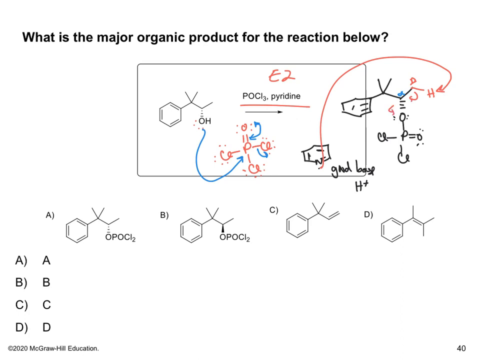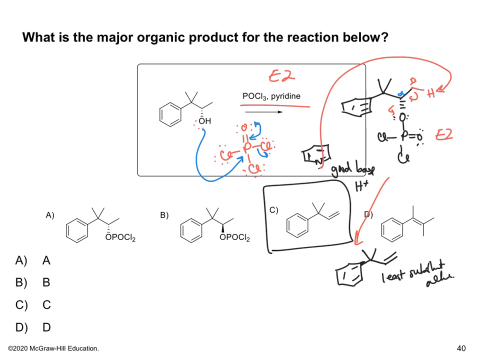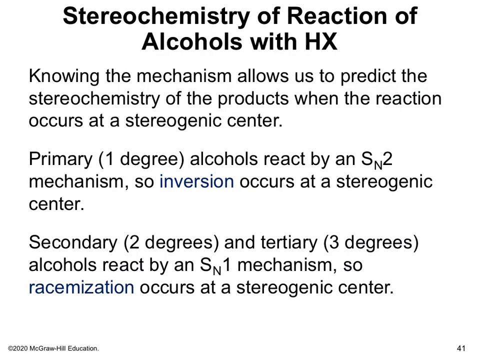This is going to be a concerted E2 mechanism to generate this product. Now keep in mind, the reason why this is good and you'd want an E2 is because you want your least substituted alkene, something that's not very thermodynamically stable. The major organic product in pyridine, this is an intermediate in that reaction.